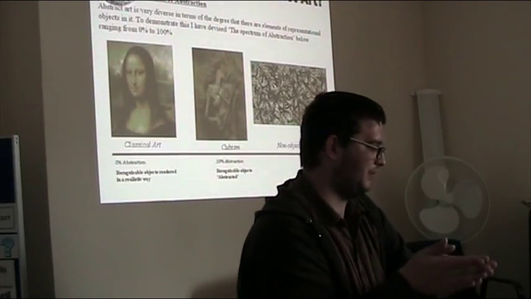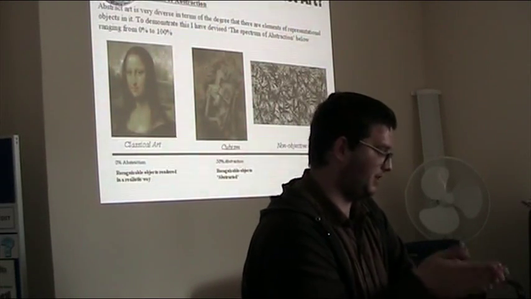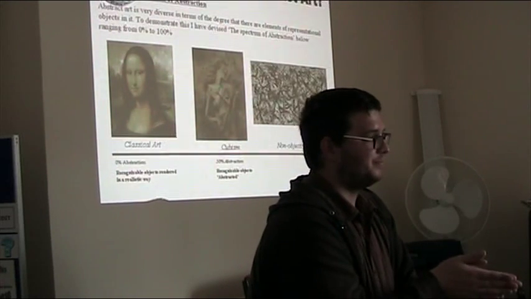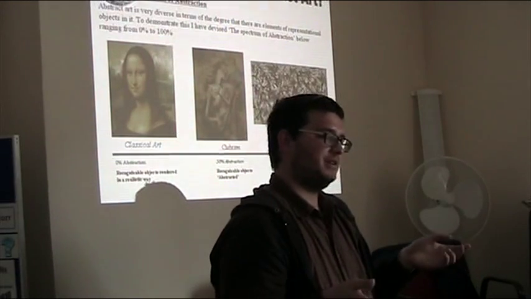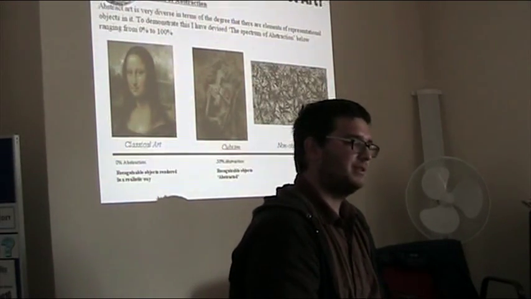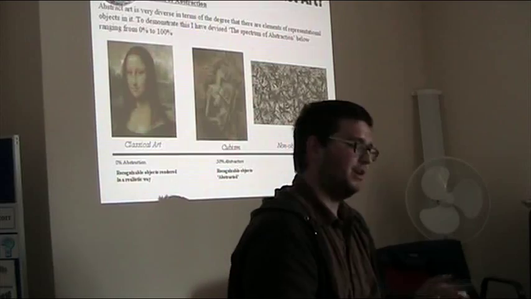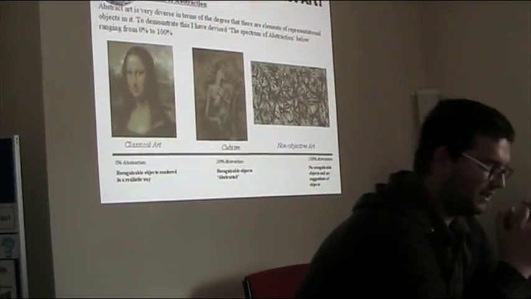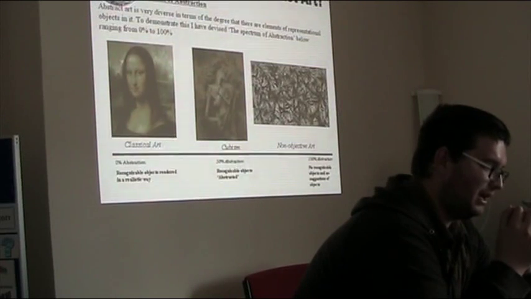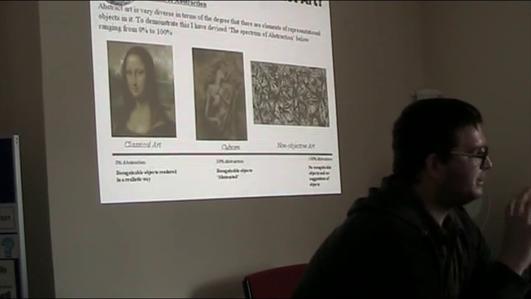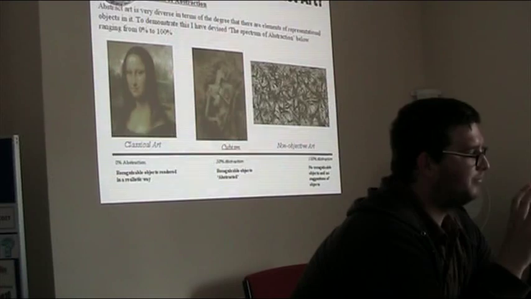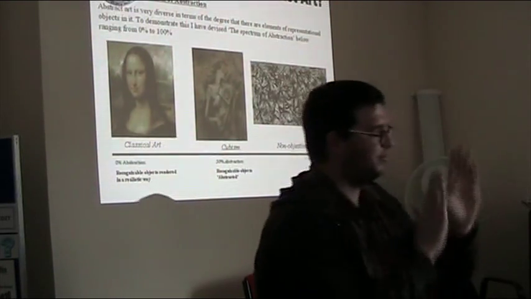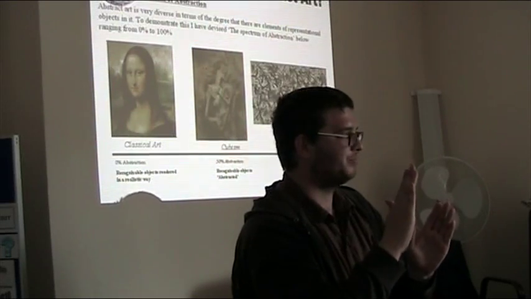Now, and then I put it down as 50% abstraction is something like cubism. Now, I don't know, are any of you familiar with what cubism is? Or no? Okay, I'll briefly explain. Cubism was invented by Picasso and Braque, and what they wanted to do was represent figures, objects in more than one dimension, so you're seeing it from multiple angles at the same time.